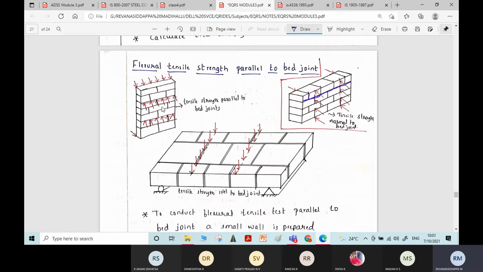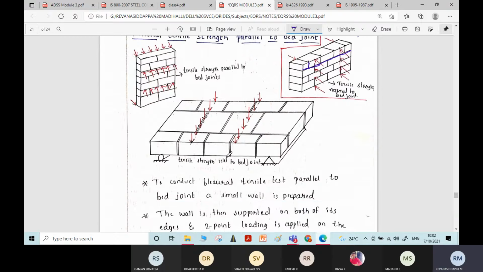And the flexural strength parallel to the bed joint will be investigated. In the second case, to find flexural strength normal to the bed joint, the vertical loading, as mentioned in the figure, will be applied, and normal to the bed joint, the flexural strength will be investigated.